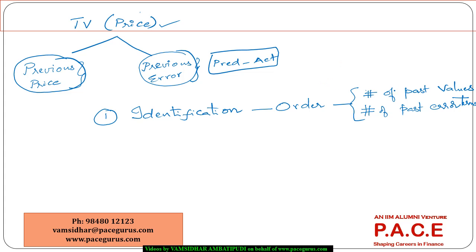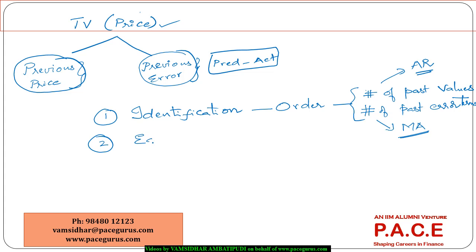The number of past values has to do with the auto-regression term, the AR term, and the number of past error terms has to do with the MA, the moving average part. So I have to identify the order of the model. That is my first step in any ARIMA modeling.